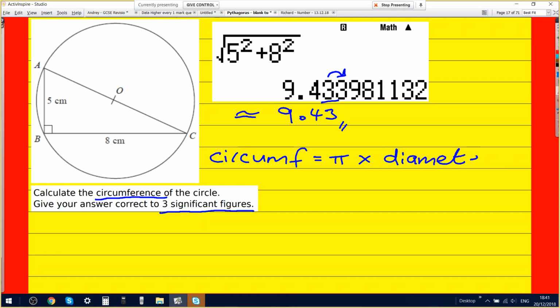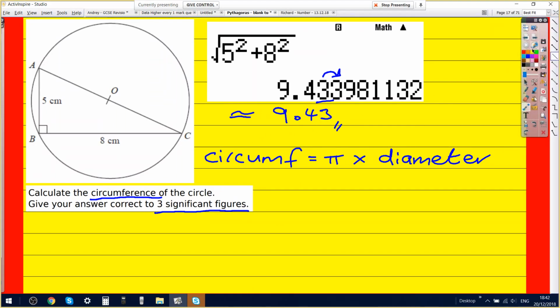Which line is the diameter in the circle?